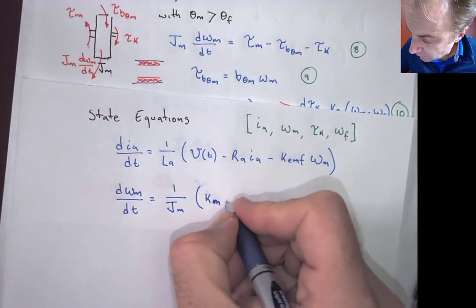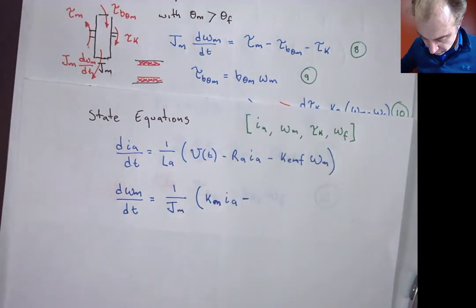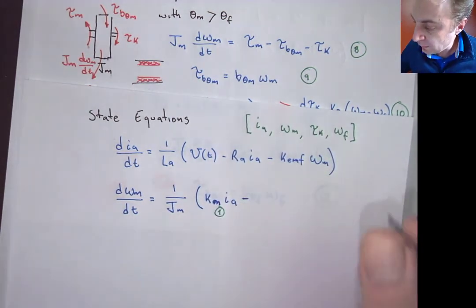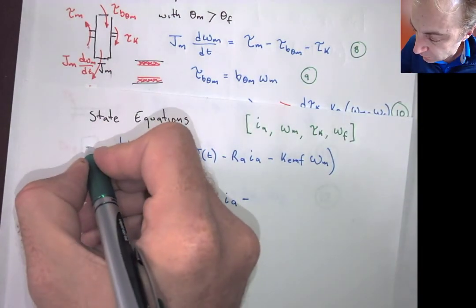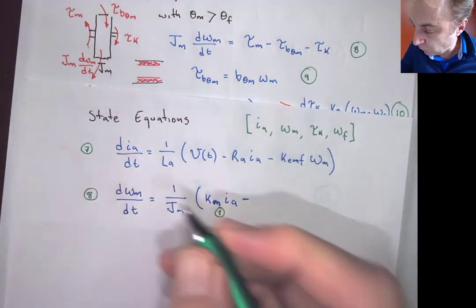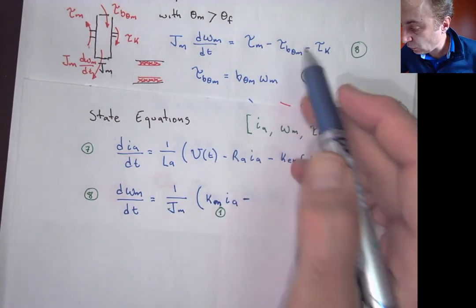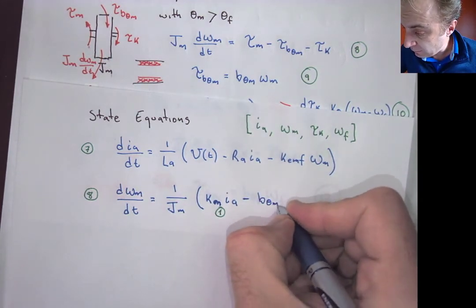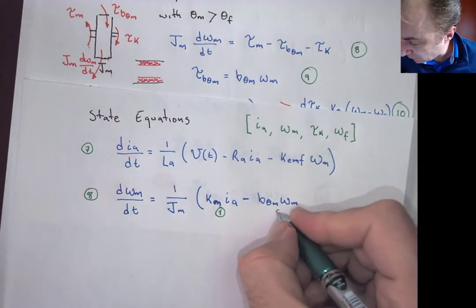Okay, K_m I_A minus, and I'm just going to write in green, this is from equation 1. Then, that was equation 7, that was equation 8, where we're taking this equation minus the friction torque, and the friction torque is B_θm ω_m, and that was equation 9 that we substituted here.